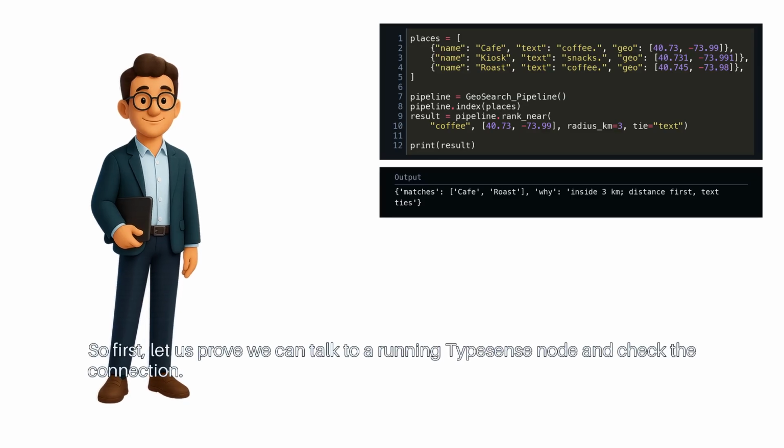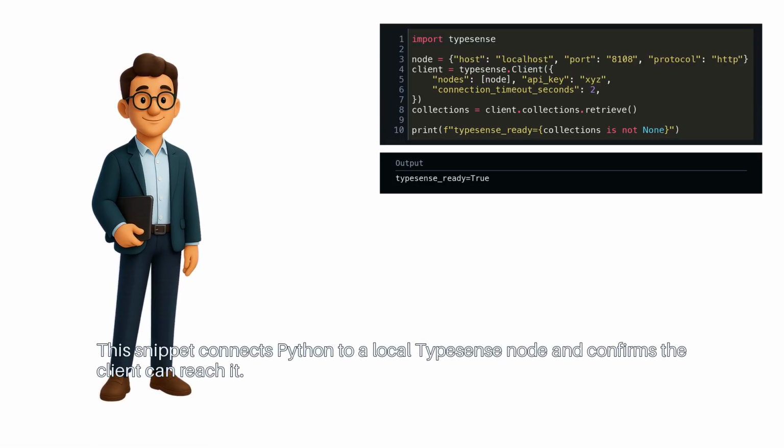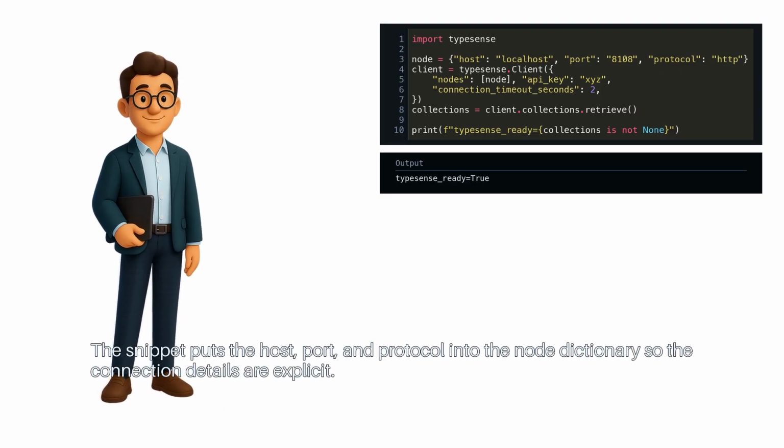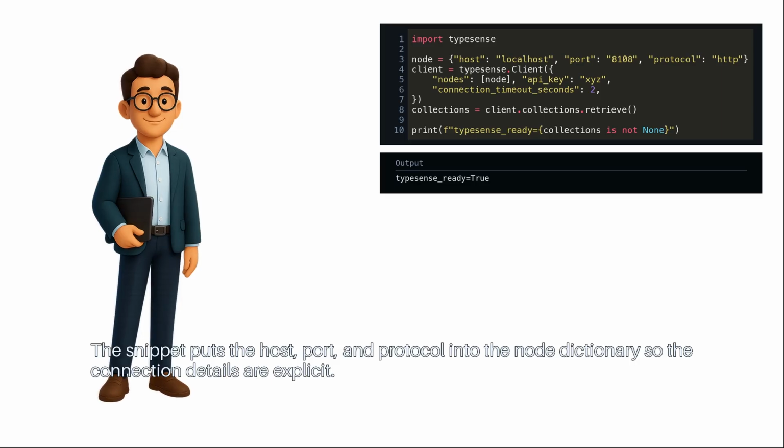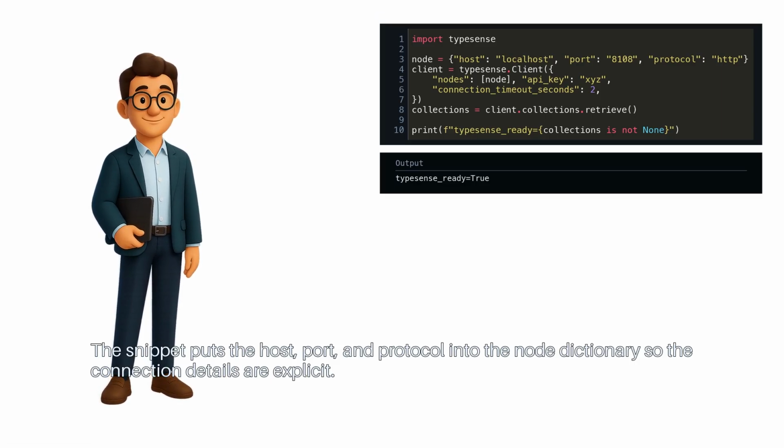So first, let us prove we can talk to a running Typesense node and check the connection. This snippet connects Python to a local Typesense node and confirms the client can reach it. The snippet puts the host, port, and protocol into the node dictionary, so the connection details are explicit.